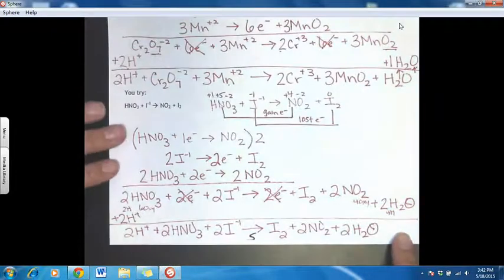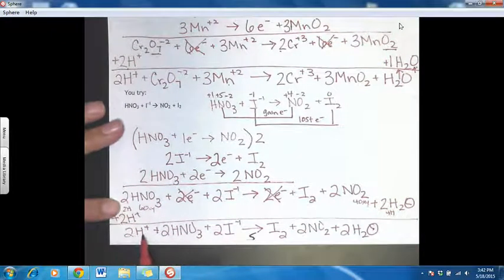And when I double check it, I see that it's balanced. 2 hydrogen plus 2 hydrogen is 4. 2 times 2 gives me 4 hydrogen. 2 nitrogen here, 2 nitrogen here. 2 times 3 gives me 6 oxygens here. 2 times 2 is 4, plus 2 more is 6. 2 iodines, 2 iodines. So I'm balanced.